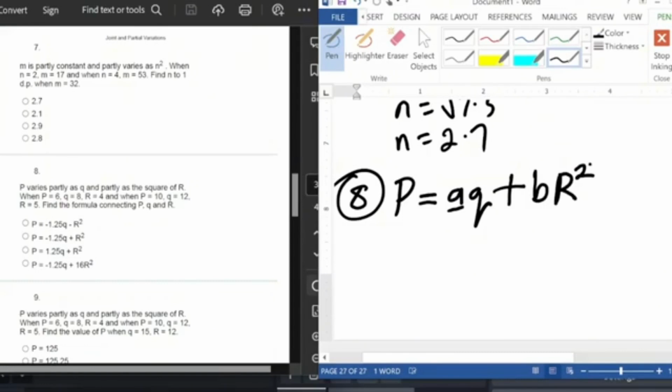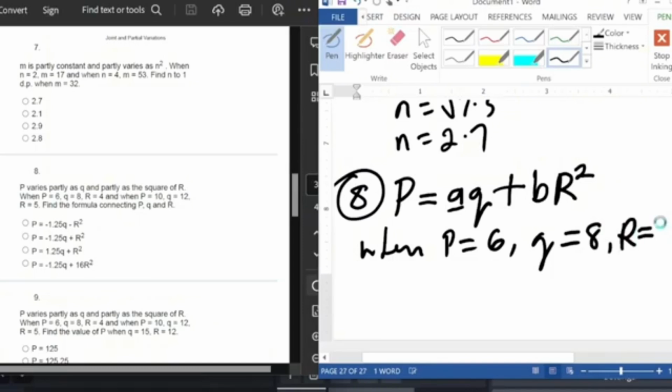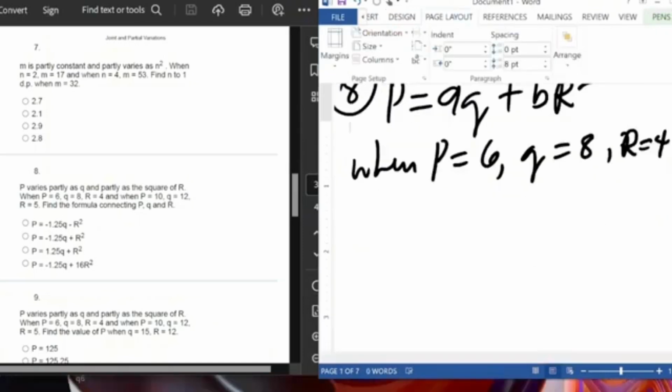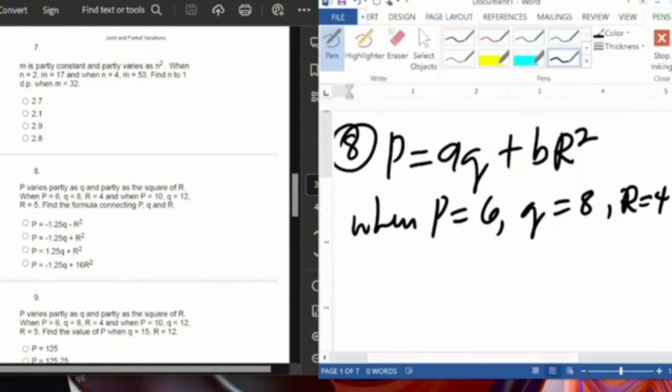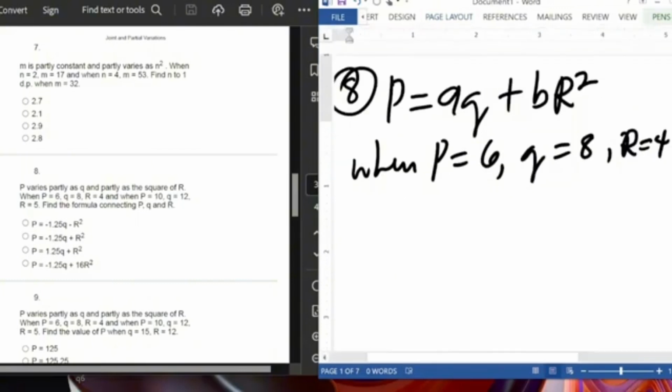So we can then have the simultaneous equations from here. When P is equal to 6, Q is equal to 8, and R is equal to 4. The next thing is to put the values of all these variables in this equation.